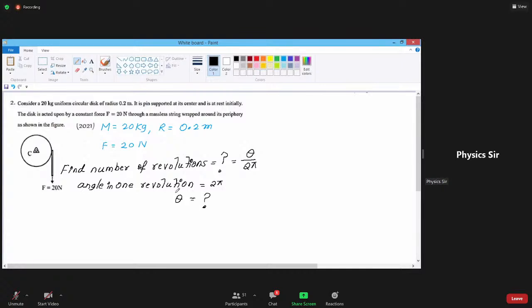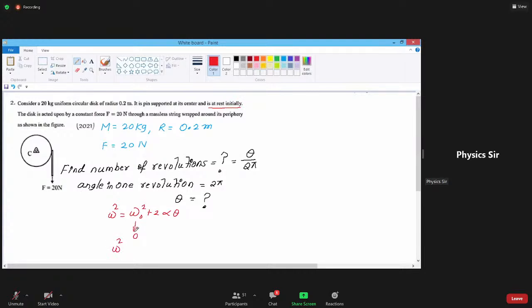So this is what we have to do. We have to calculate the value of theta, and I know how we can calculate it. To calculate theta, the formula is omega squared equals omega naught squared plus 2 alpha theta. Omega naught is known, it is said to be initially at rest, so omega naught is 0.